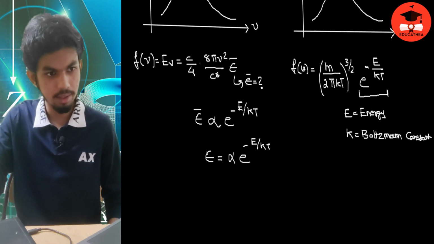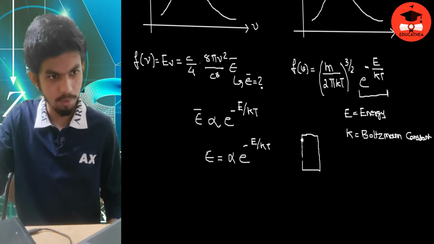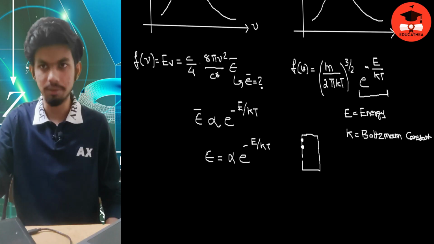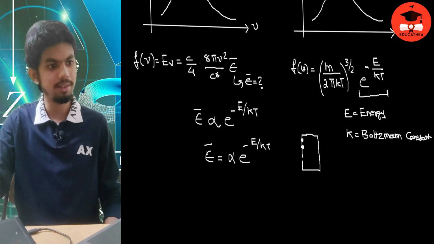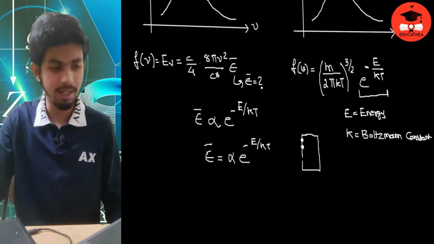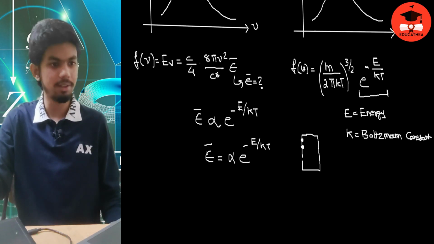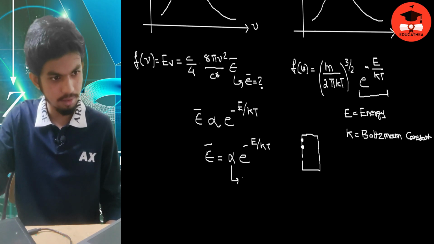If you remember, we had considered a box like this with a small opening, and within this box there were atomic oscillators which vibrated. So this E stands for the energy of these atomic oscillators. But now this epsilon bar is an energy, right? This has dimensions of energy, and the exponential term is dimensionless. So alpha should have dimensions of energy.